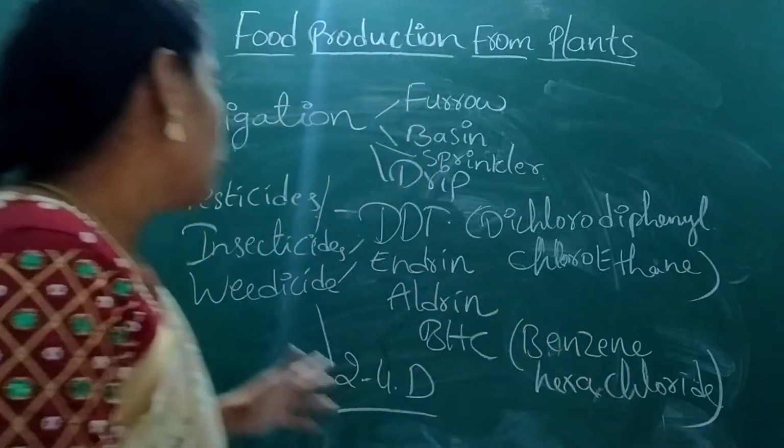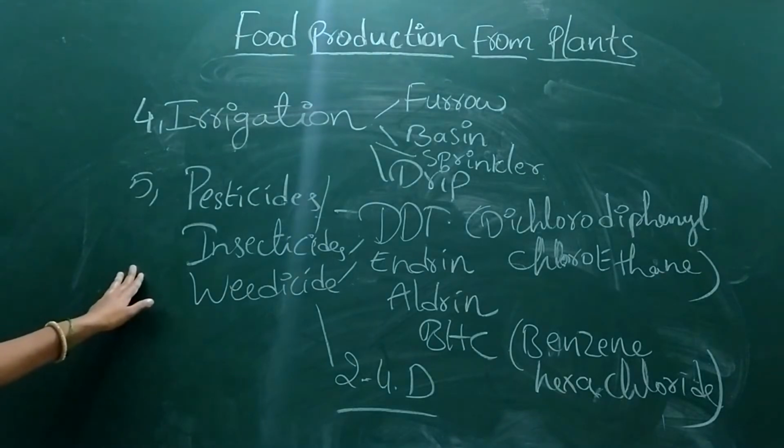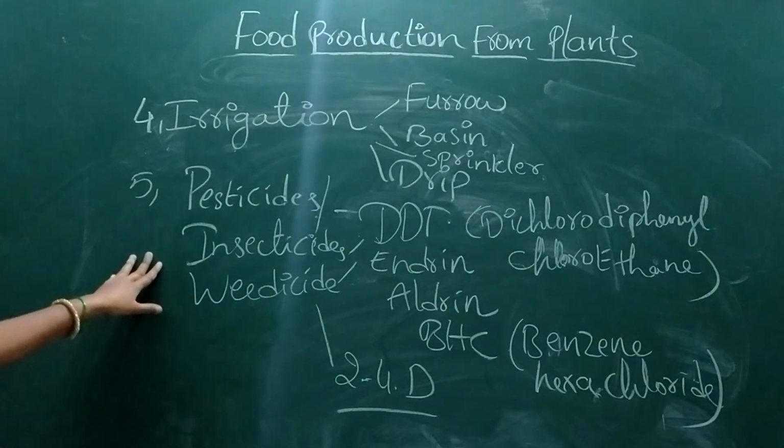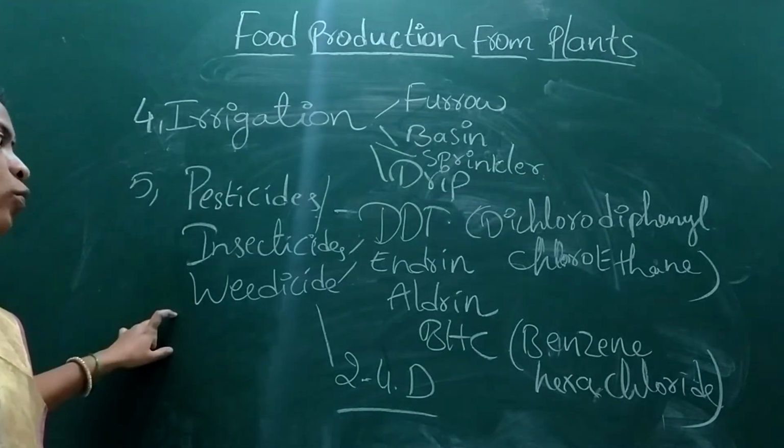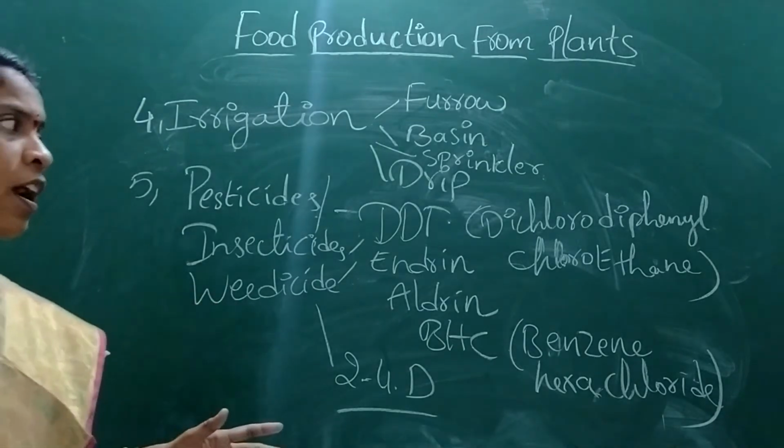So this way we can give water, irrigation, and pesticides, insecticides and weedicides for controlling pests, insects and weeds.